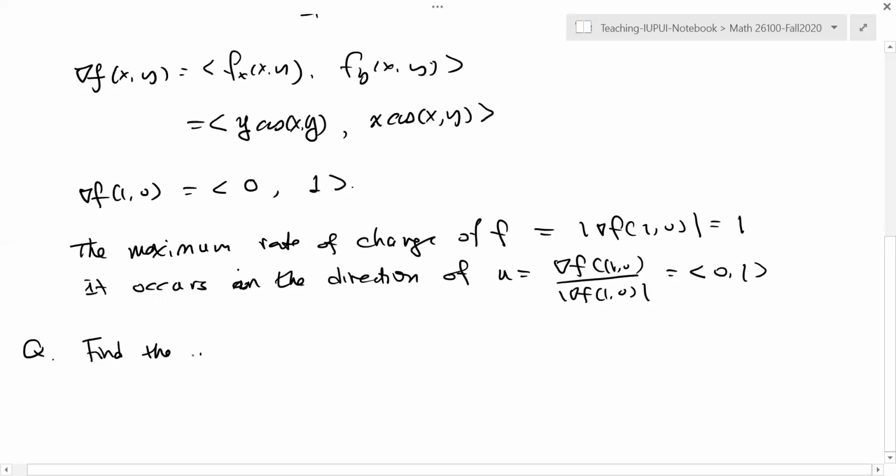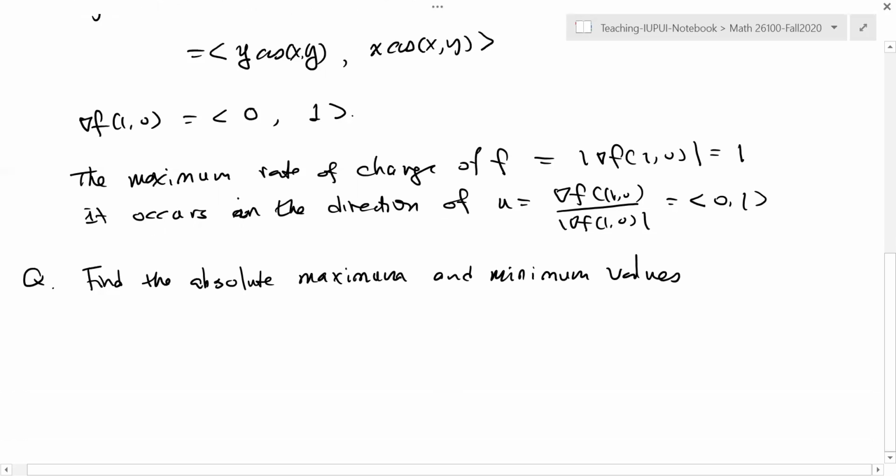So find the absolute maximum and minimum values. Okay. So this is a continuous function. It's a polynomial.